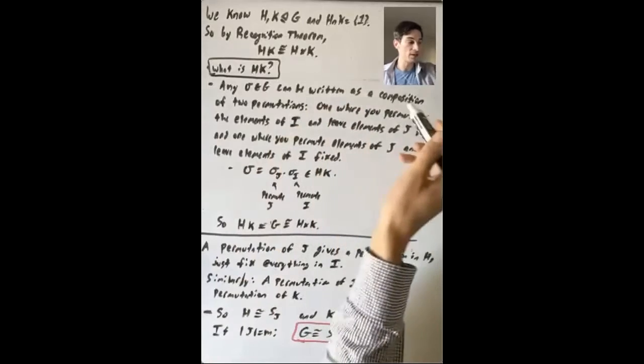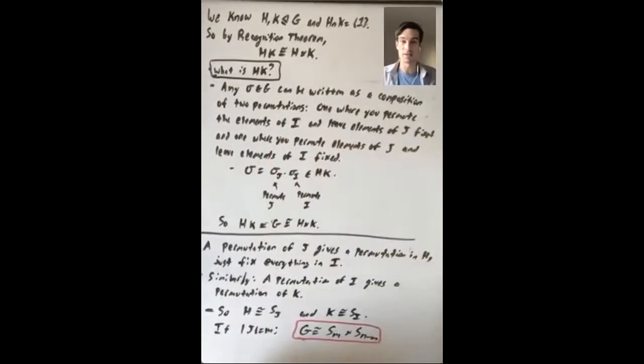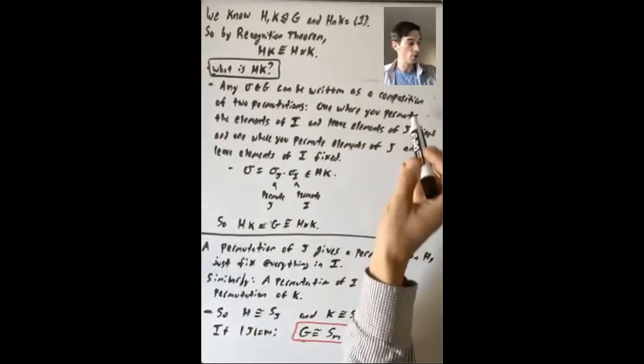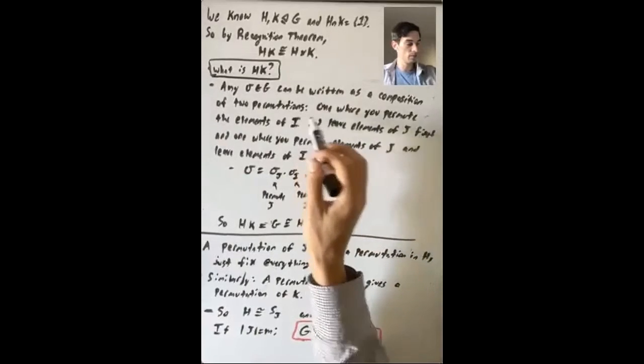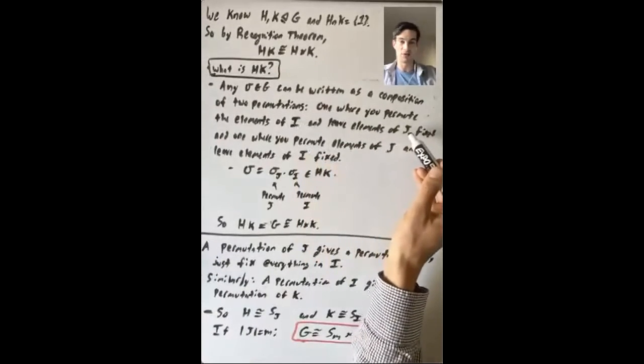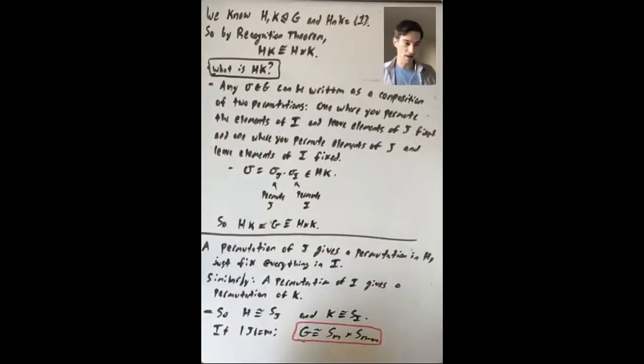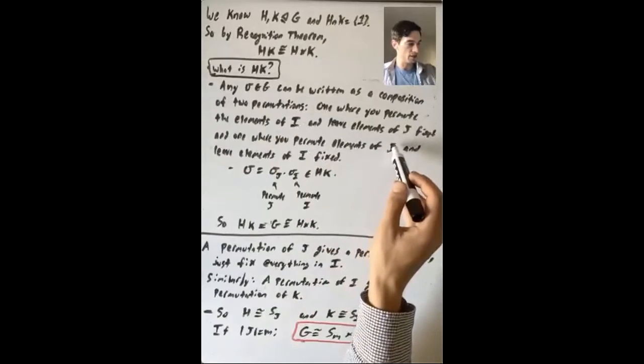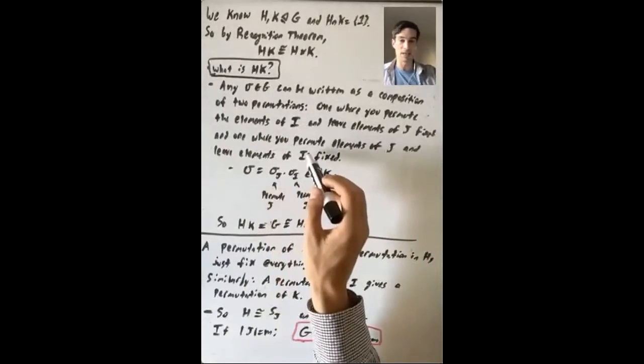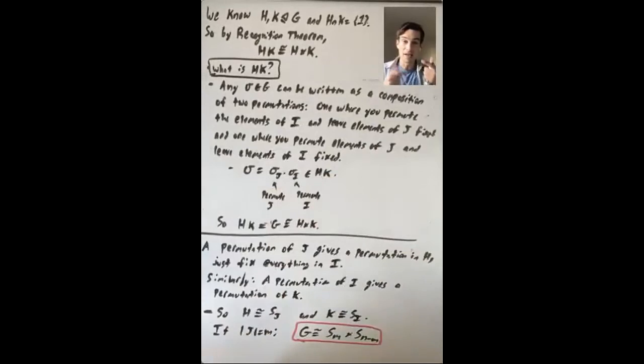Well, this can be written as a composition of two permutations. One, where you permute the elements of I and you leave the elements of J fixed. And then another, where you permute the elements of J and you leave the elements of I fixed. And it's clear that because the orbits of size bigger than 1 in these two permutations don't overlap at all, they commute with each other.